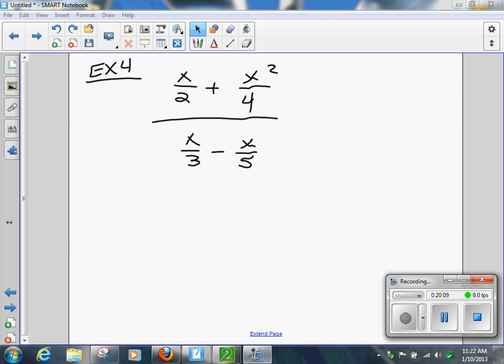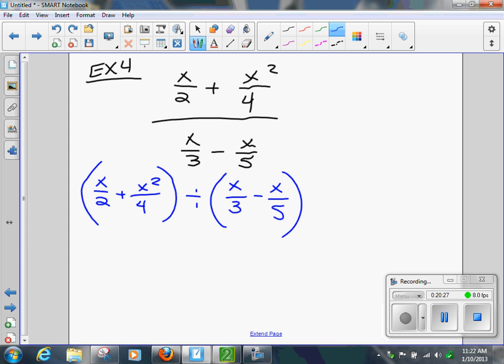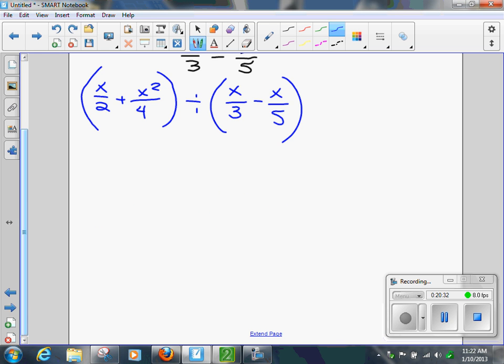All right, so let's look at this. The thing you got to realize, folks, is you got to separate this into the numerator divided by the denominator. Okay? So here we go. Let's check this out. Just treat it as one problem.